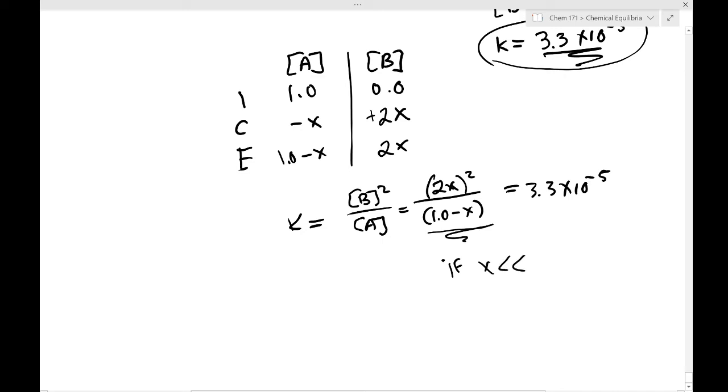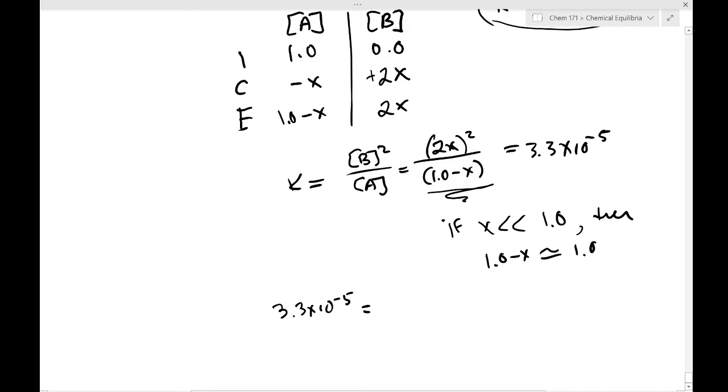If x is much smaller than 1.0, then 1.0 minus x is approximately equal to 1.0. If you take away a very small number from 1, you're still going to have approximately 1, in terms of the amount that you have and in terms of the significant figures. So we can simplify this whole thing to 3.3 times 10 to the minus 5 is equal to 4x squared divided by 1.